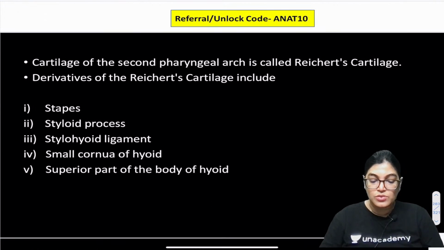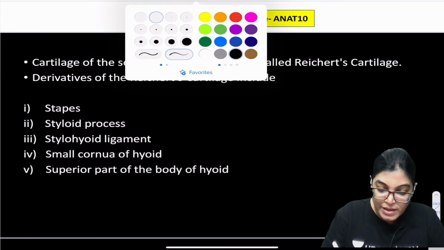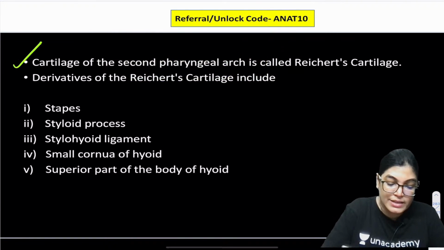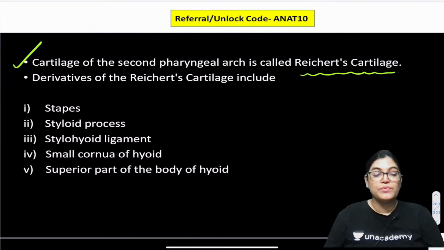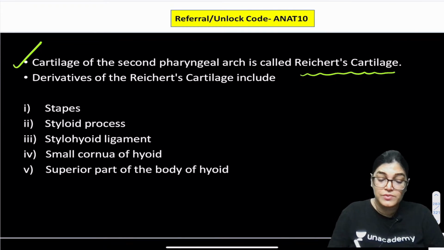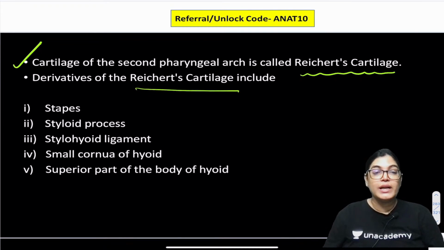Don't worry, I will show you all the details here. The cartilage of the second pharyngeal arch is called Reichert's cartilage. I have included the whole list of its derivatives, and all of you can note it down.